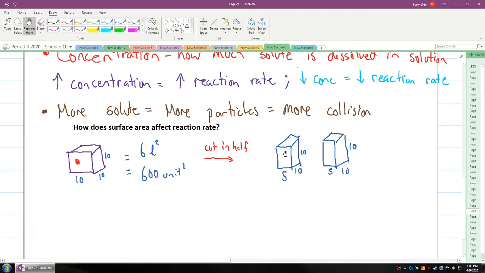Well, it's now going to be, in this case, 5 times 10, which is 50. You have 50 times 2, because you have another side in the back, so that's 100. Plus 400, that's going to be, in this case, a surface area in toto of... you have one side here, so you have 50 times 50 plus 100 plus 100 plus 50 plus 50.